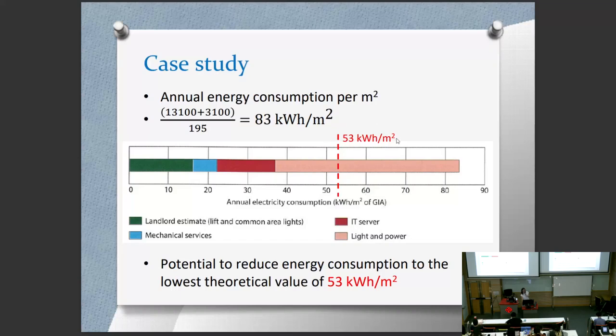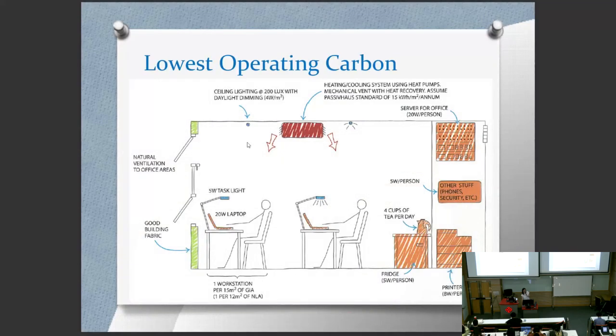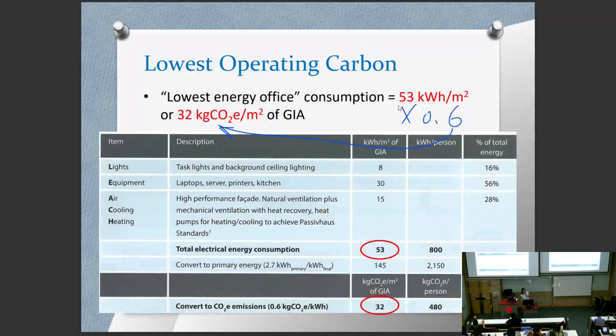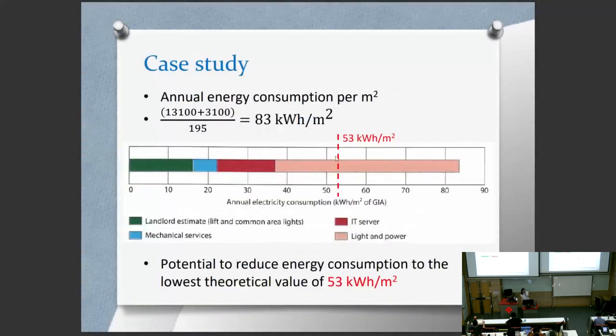So this is based on the assumptions here, right? If you remember, based on this lowest energy consumption, it will result in 53 kilowatt hour per square meter. So 53 kilowatt hour per square meter will be this line. And then for this case study, the energy consumption is 83 kilowatt hour per square meter.